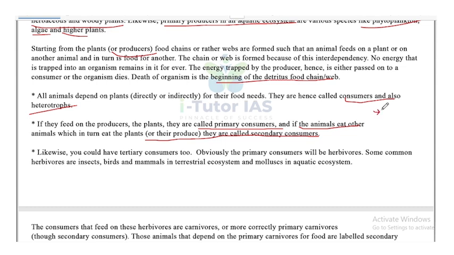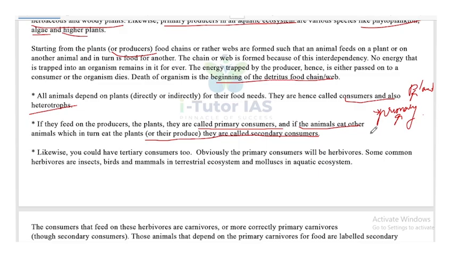One is the primary consumers, which directly consume the producers. Plants are directly consumed by primary consumers like cow, deer and so on, and these primary consumers are consumed by secondary consumers.